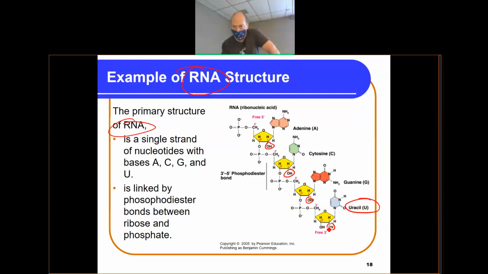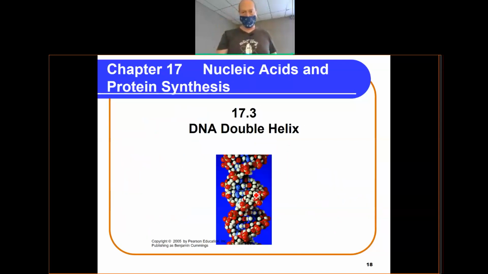But again, you are making this polymer by lassoing water from your 5' phosphate and your 3' hydroxy. So it is always a 5' phosphate that's going to lasso water with your 3' hydroxy. That's how you link your RNA and your DNAs together.